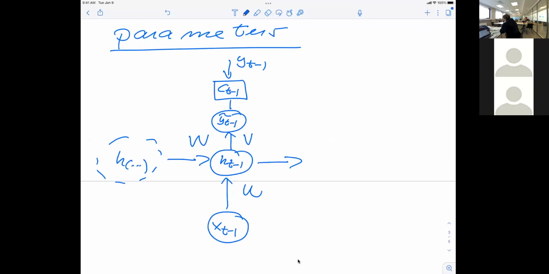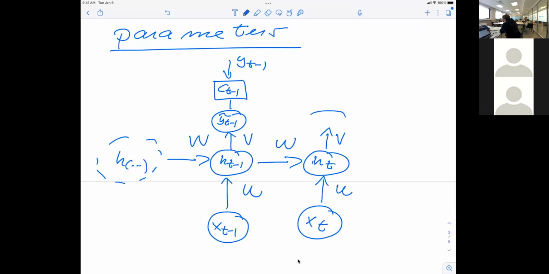Now this feeds in again to the next time step. So this is actually how we build up the memory of the system. And then we have a u here, we have an x of t, and then this feeds up. So this v here, that is the connection between the hidden layers and the output, which is then fed into the cost function again. So c of t, and then we have the y of t, and this clearly just continues till a final time step here, a final time.